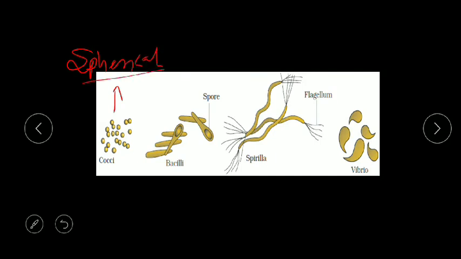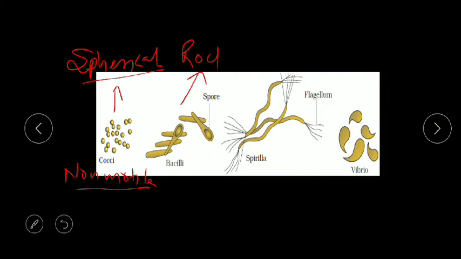So we go according to the NCERT. These are cocci, and you can see they are spherical or oval in shape, and they form groups, and they can be streptococci or staphylococci, as we have seen.